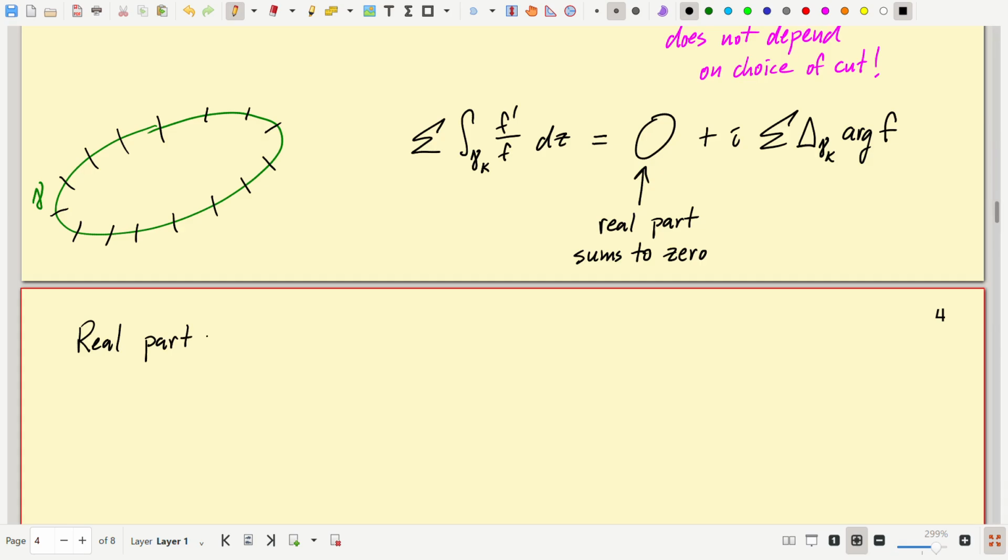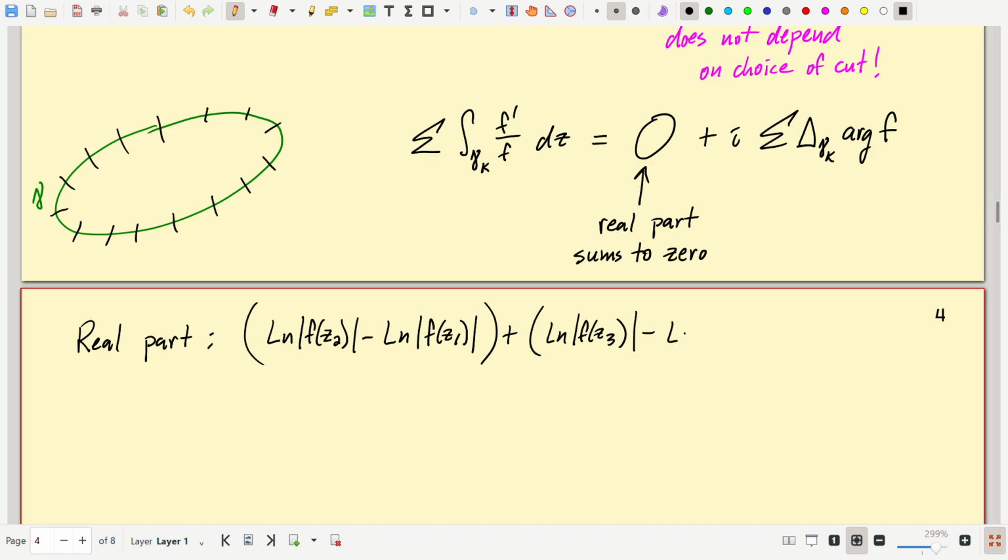Let's think about it. The first one would be natural log of mod f of z2 minus natural log of f of z1. Then the next one would be natural log of f of z3 minus natural log of f of z2, plus dot, dot, dot.